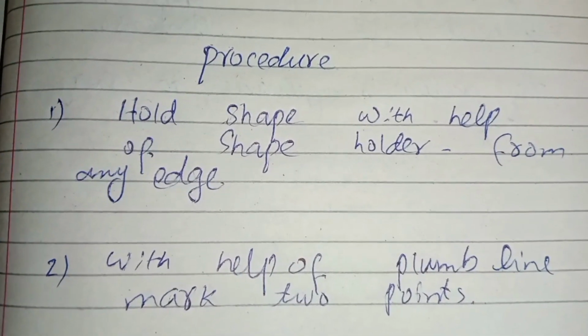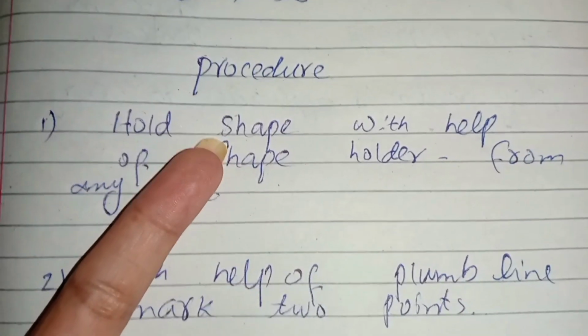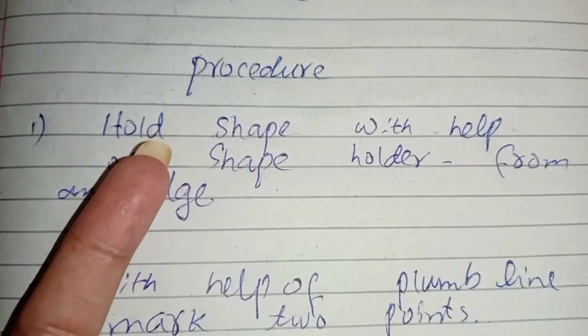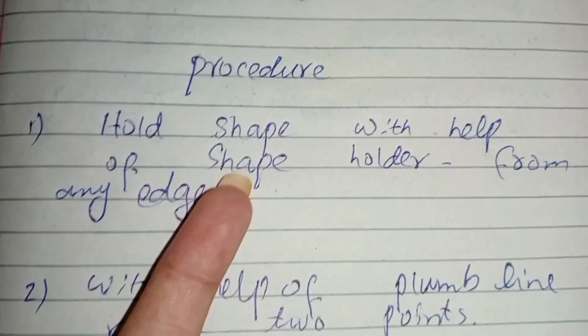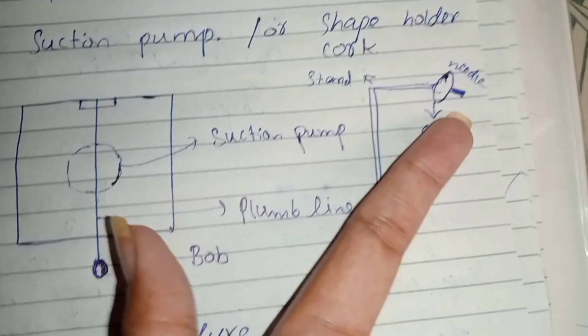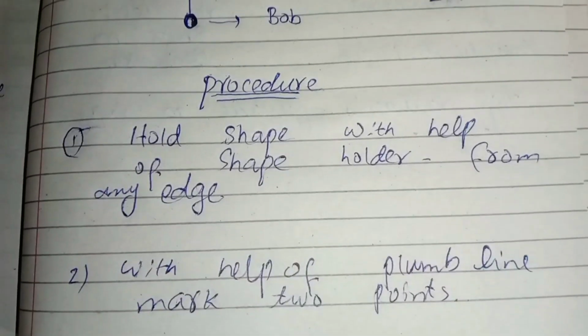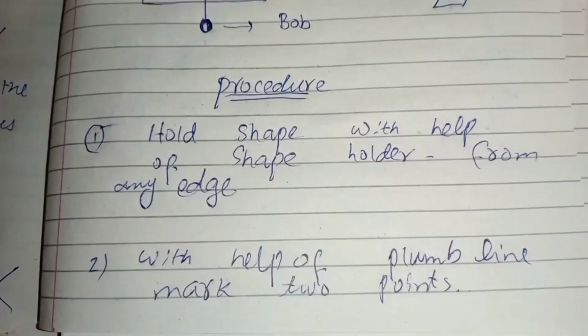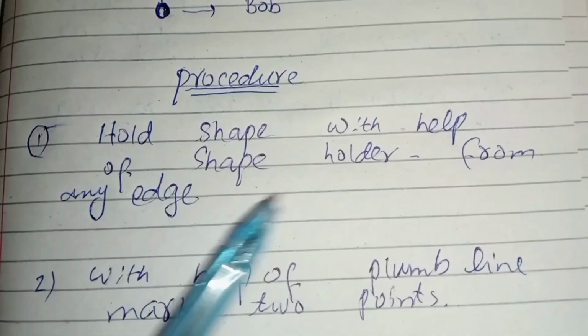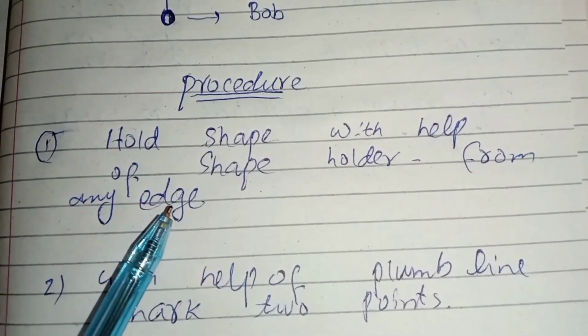So first step is to hold the shape, whatever shape, whether it is the regular or the irregular one. The first step is to hold the shape with the help of shape holder, that is this suction pump or this needle. But one thing that should be kept in mind while holding this shape is to hold the shape from near the edges.